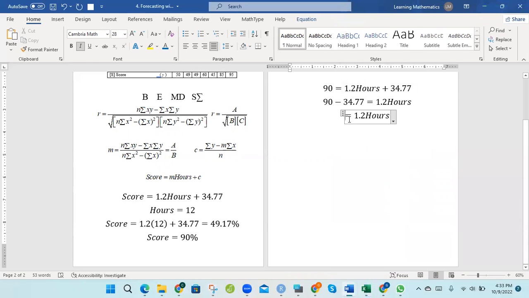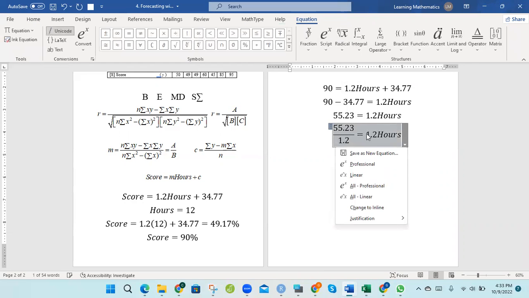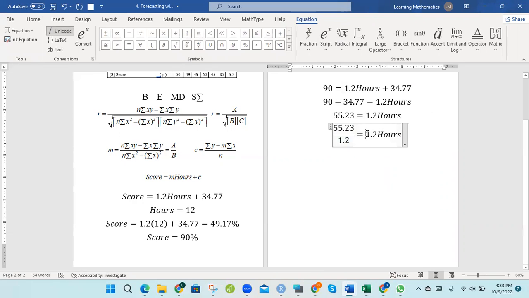That's 55.23. And now we are going to divide both sides by 1.2. 55.23 divided by 1.2. And 1.2 divided by 1.2, the 1.2 cancels out.